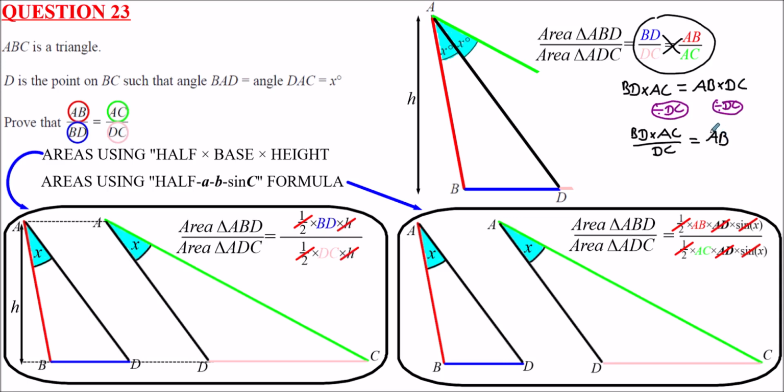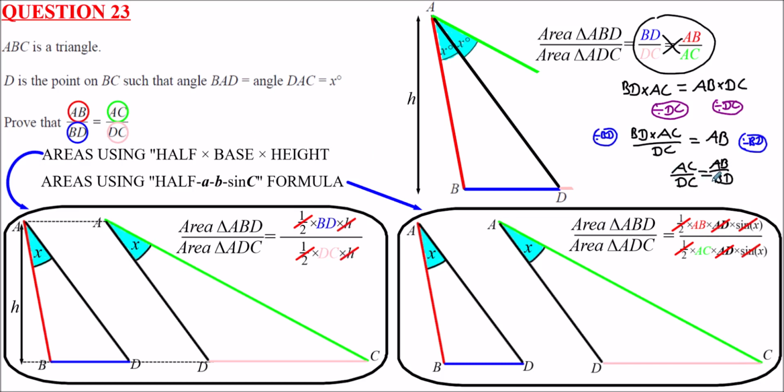Then finally, if we divide both sides now by BD, then on the right, we have AB over BD, and over here, BD divided by BD cancels, which just leaves us with AC on the top and DC on the bottom, which is exactly what we wanted to prove.